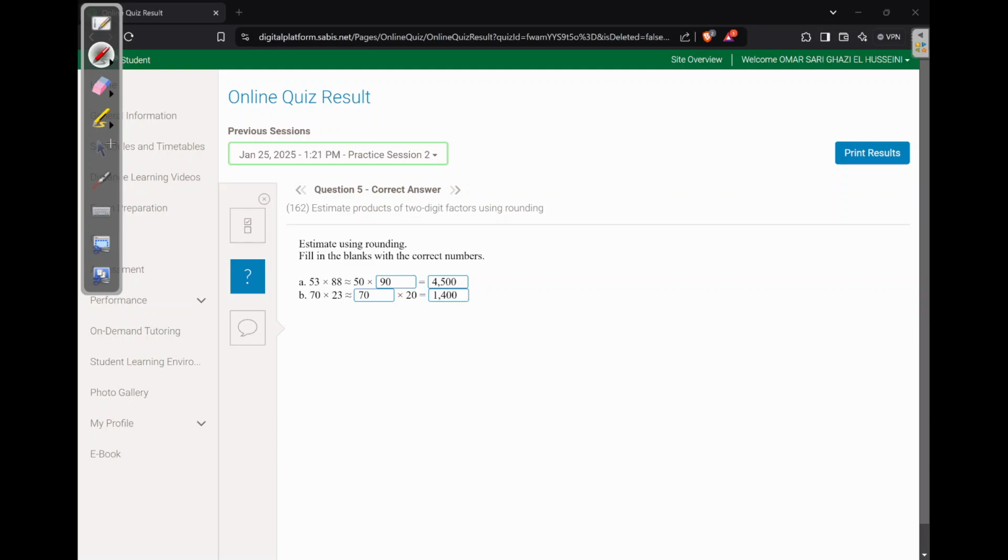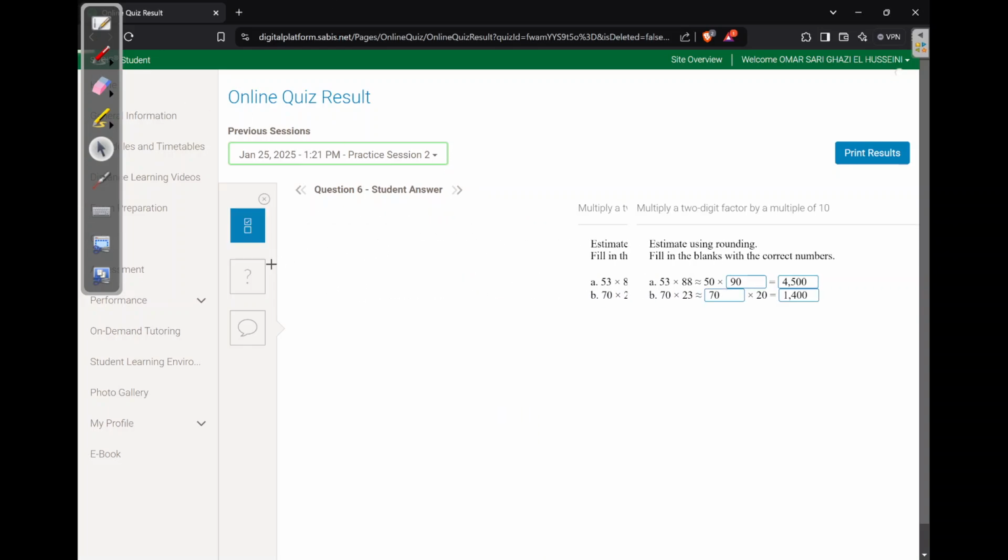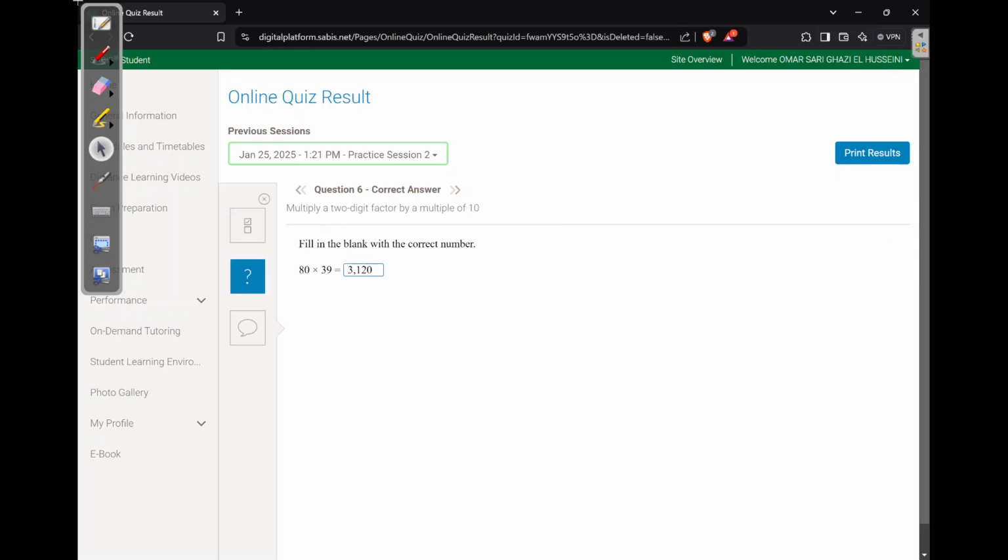Okay, here it's very easy. 5 times 9 is 45, and then we just add those 2 zeros, same as here. And we also have to round them too. 8 times 39 is 72.